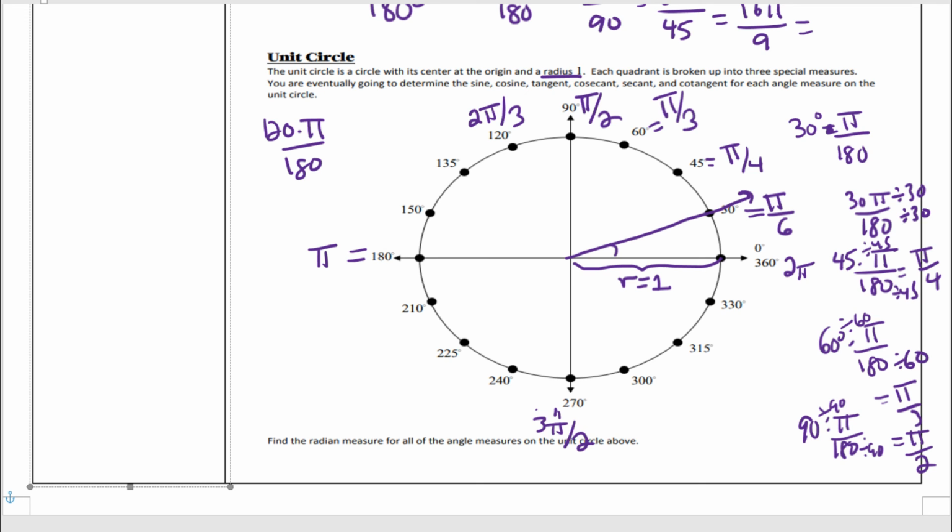If I did this guy, I would get 3 pi over 4. If I did this guy, this will give me 5 pi over 6. If I did this one, I would get 7 pi over 6. This here would be 5 pi over 4. This here would be 4 pi over 3.